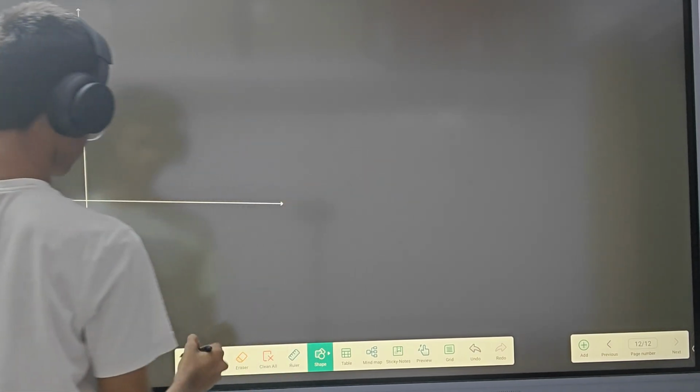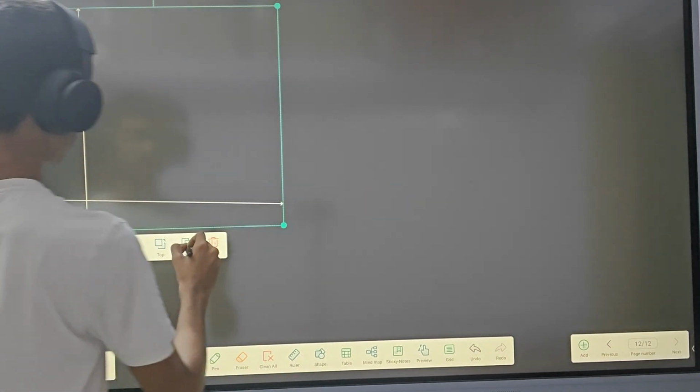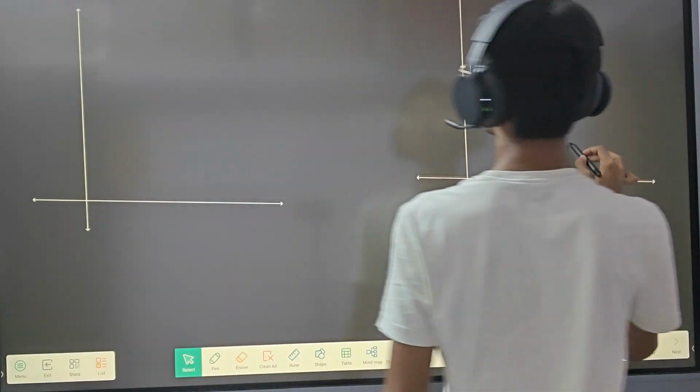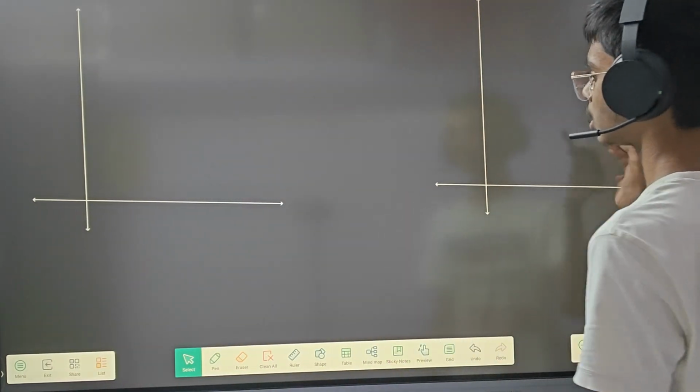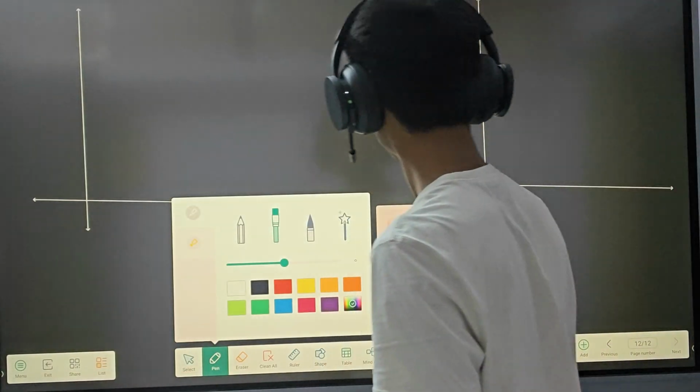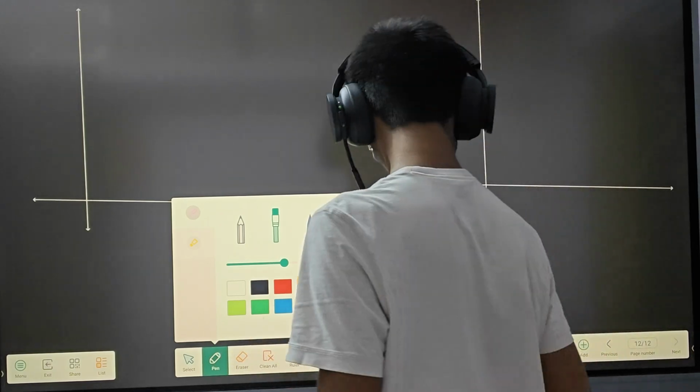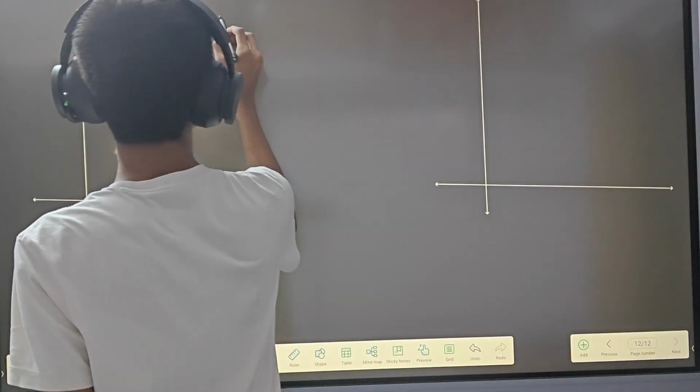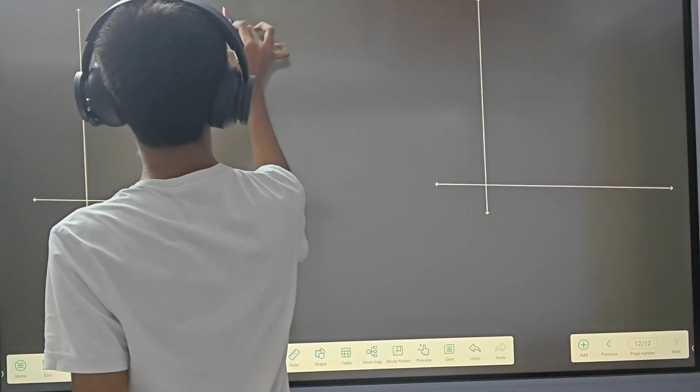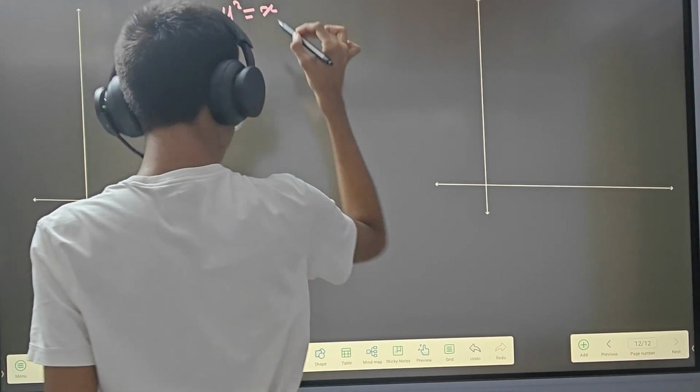So I'm going to take two different functions, and here I will place it. First, I'm going to take y squared equals x.